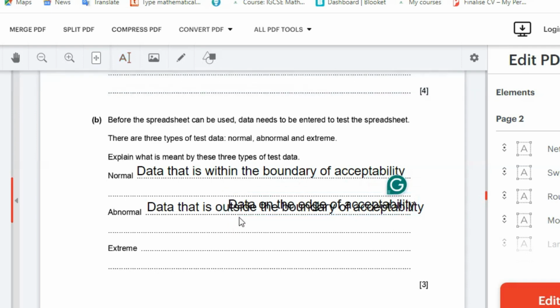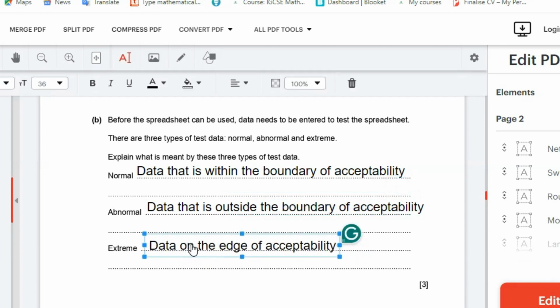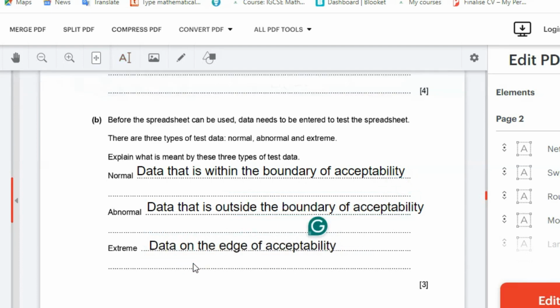And that's the meaning of extreme data. Are we clear? All right.